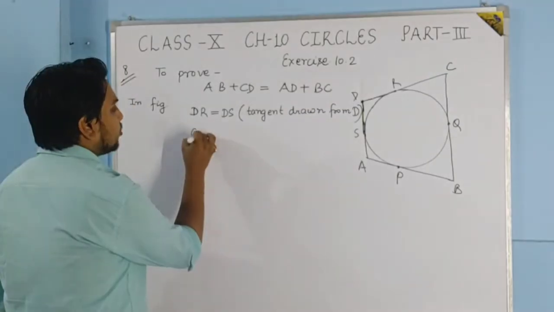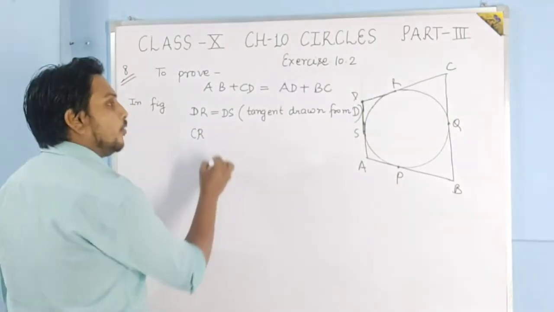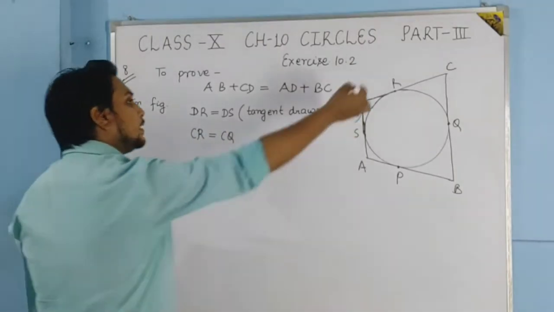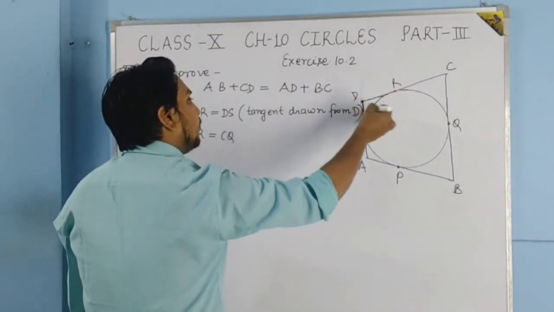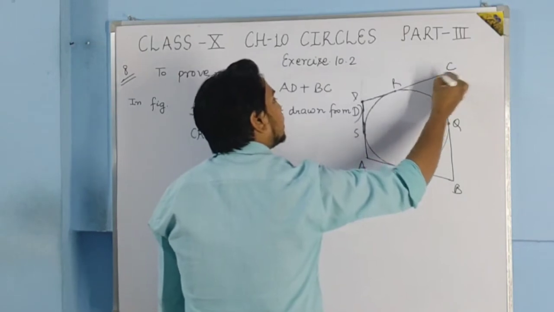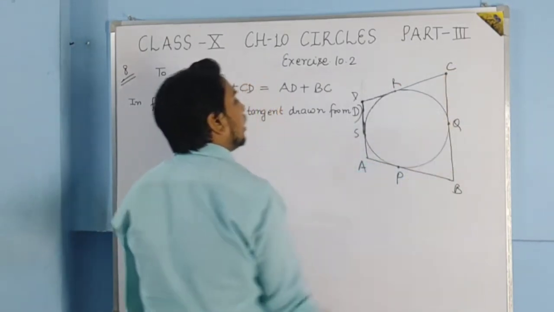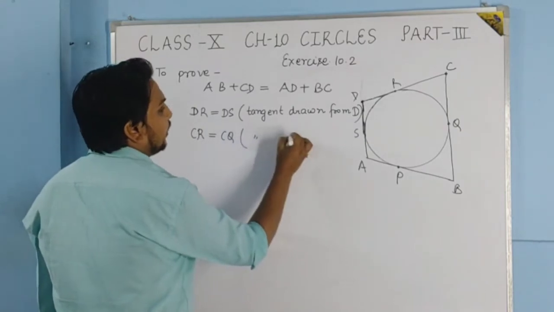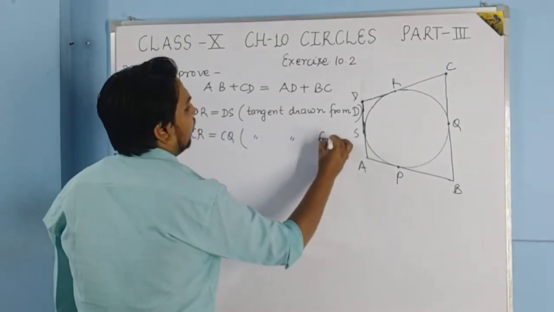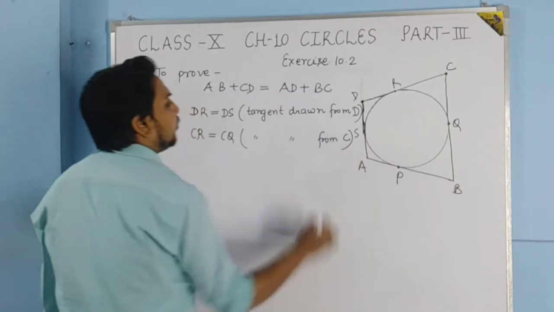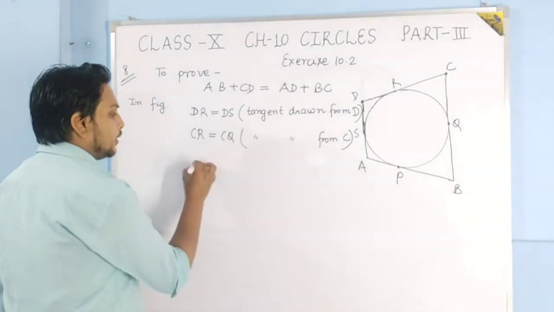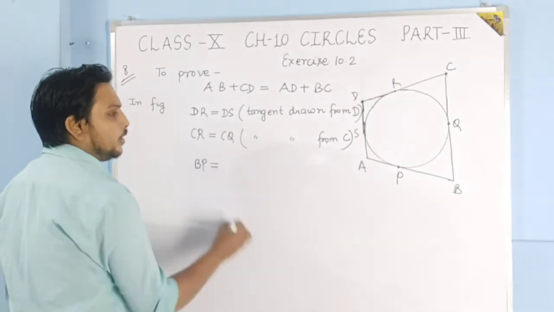In the same manner, students, CR will be equal to CQ. Why? C is the external point, and from C the tangents CR and CQ are drawn to the circle. So here the reason will be the same, tangent drawn from C. After that, BP will be equal to BQ.